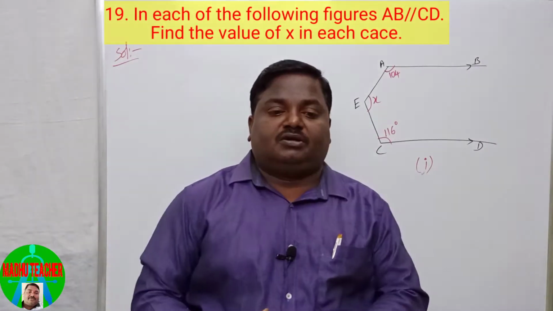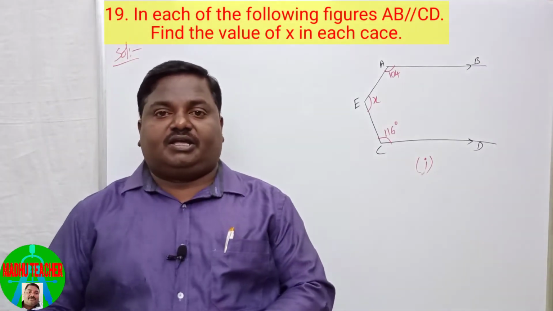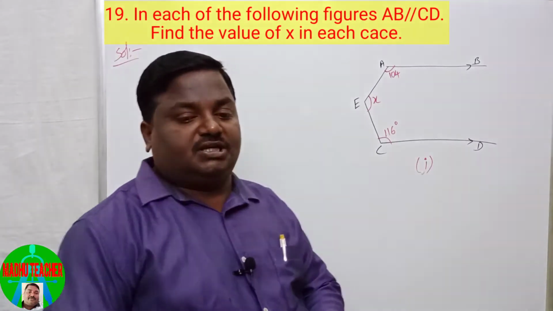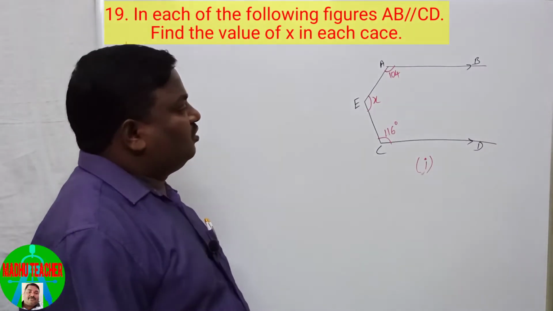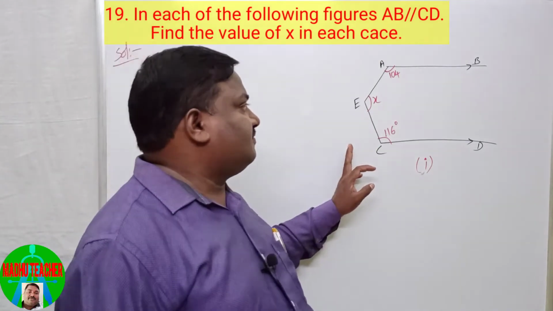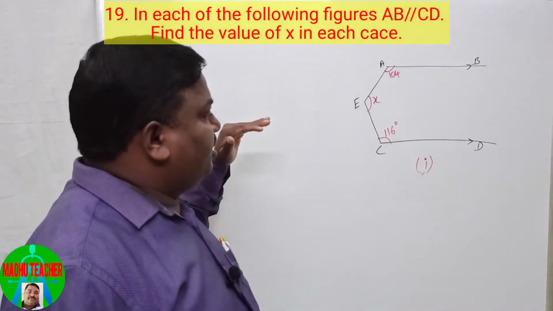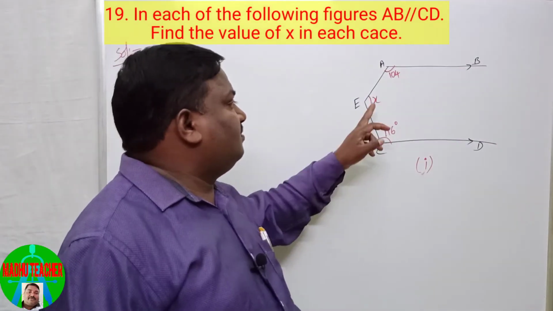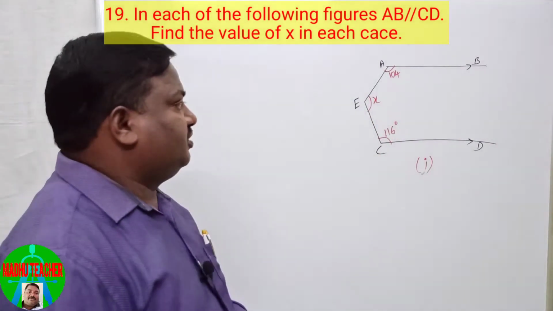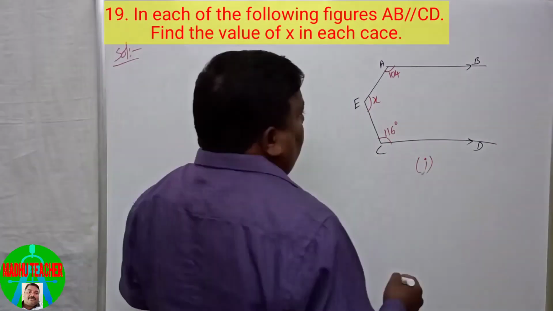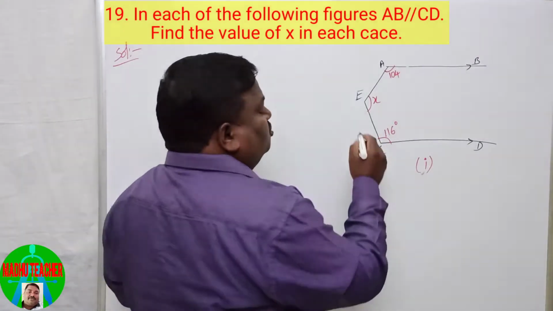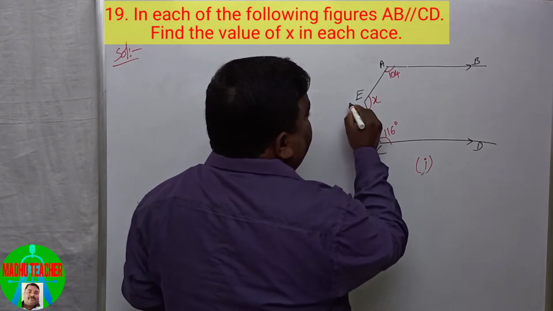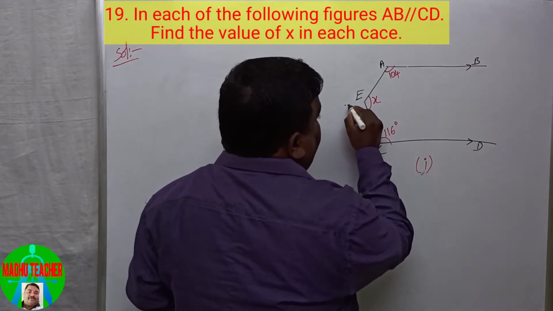Next, the 19th one. In each of the following figures, AB parallel to CD, find the value of x in each figure. We have three figures. This is the first one. In all the figures, AB is parallel to CD. To find x, draw a line through E parallel to AB and CD.